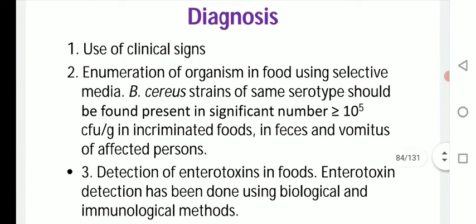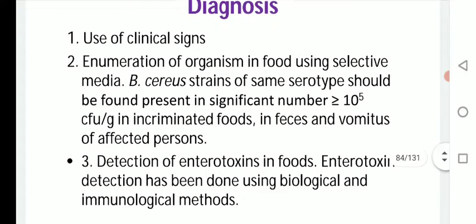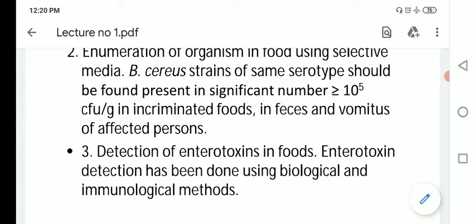Then diagnosis. You can use clinical signs as well as symptoms for diagnosis of this particular intoxication, and enumeration of organisms in food using selective media. Bacillus cereus strains of the same serotype should be found in significant numbers, greater than 10 raised to 5 CFU per gram of microbial load, in incriminated foods and in feces and vomitus of the affected person.